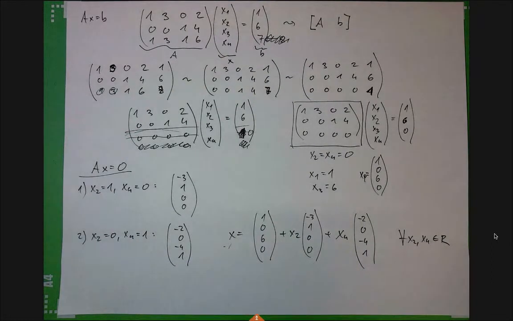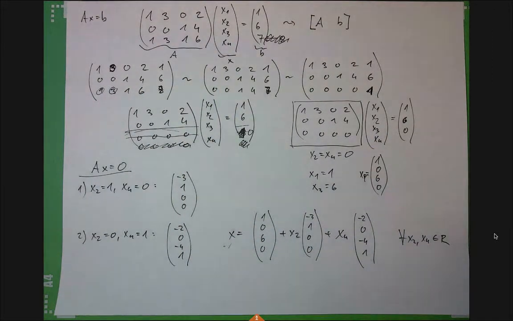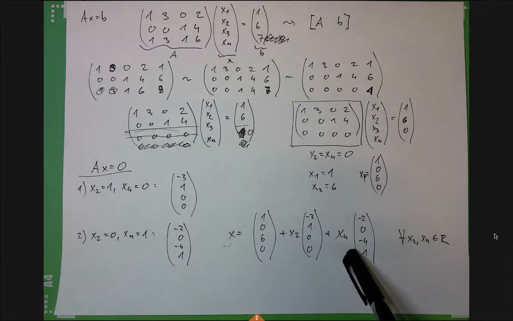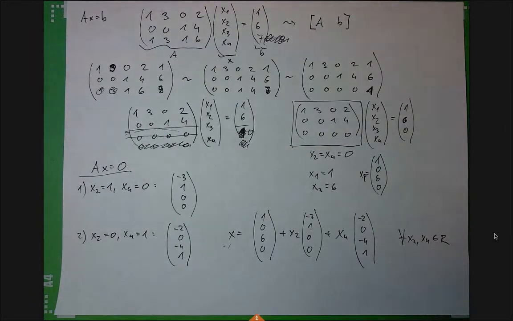So now it's completely solved. There's no questions left. All the solutions of the system have to look like this and exactly like this. So I pick arbitrary x2, arbitrary x4, and I have a solution of the system. Okay.